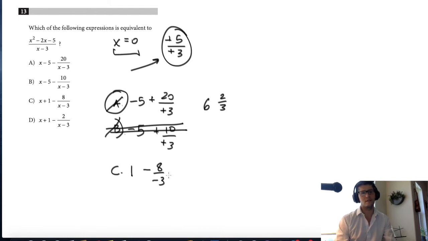My mistake. You could confirm if you were feeling a little shaky about my math. I wouldn't blame you. Negative 8. So this answer is going to be too big because we're trying to get to something that's between 1 and 2, right? 5 over 3 is between 1 and 2, and this is more than 2. And then answer choice D was going to give us 1 plus 2/3.